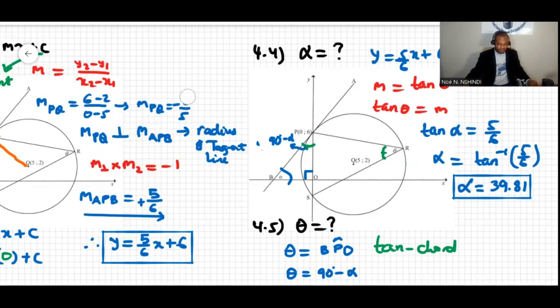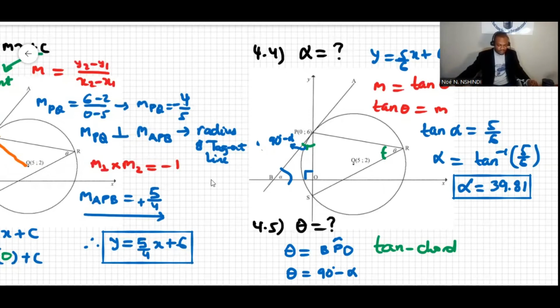So we need to correct that one: 4/5. Therefore, this will be 5/4. Let me correct here: positive 5/4. And the intercept is still going to be 6.